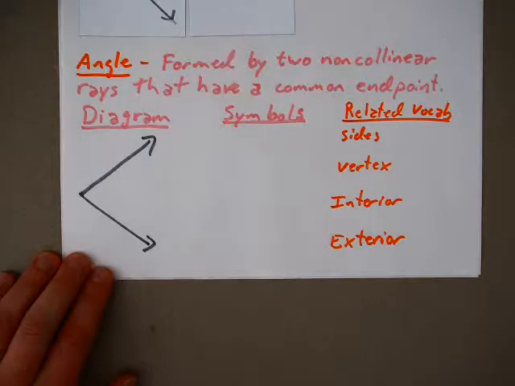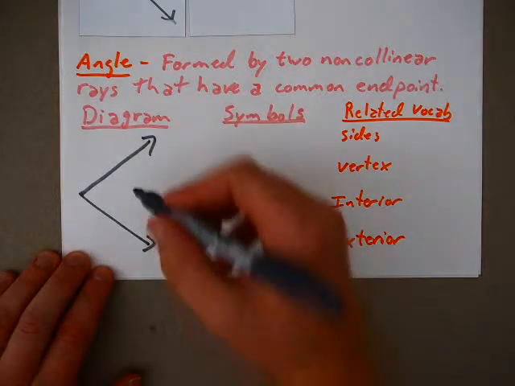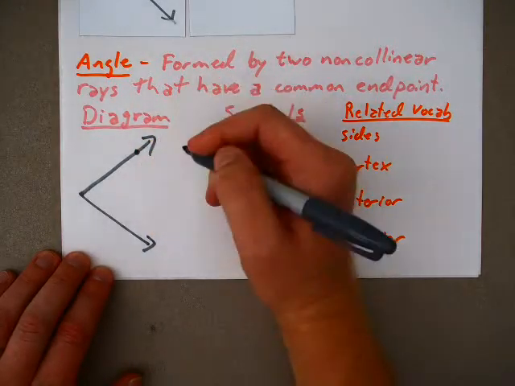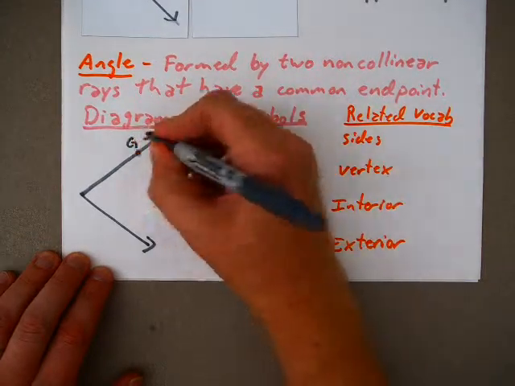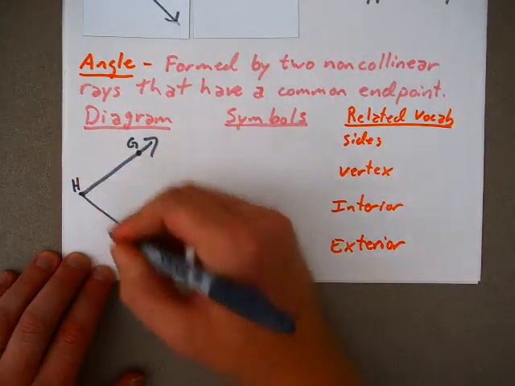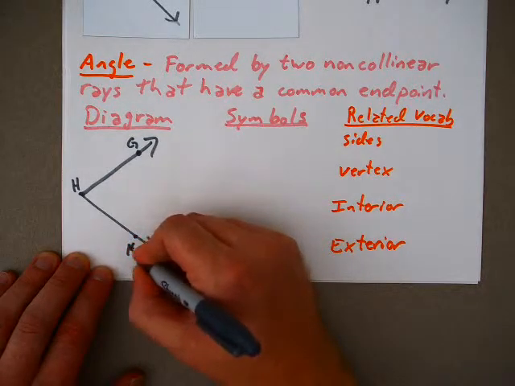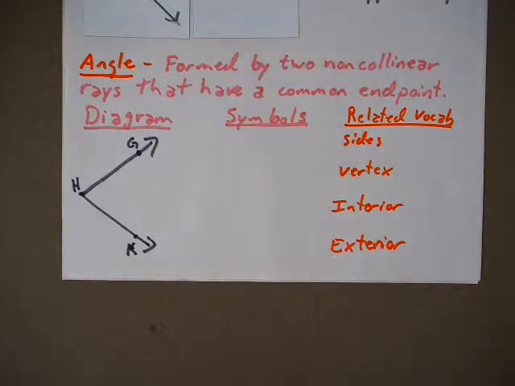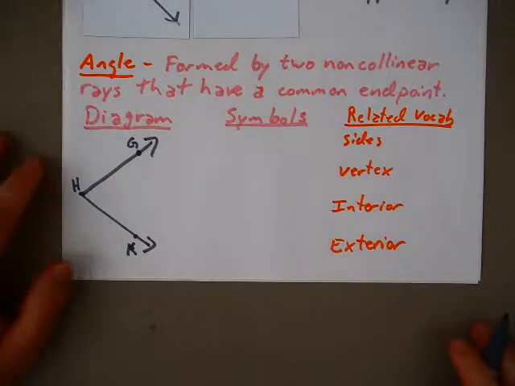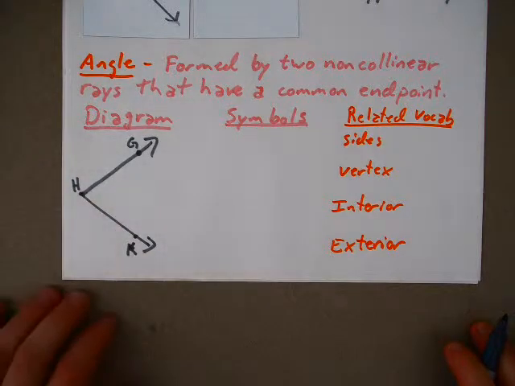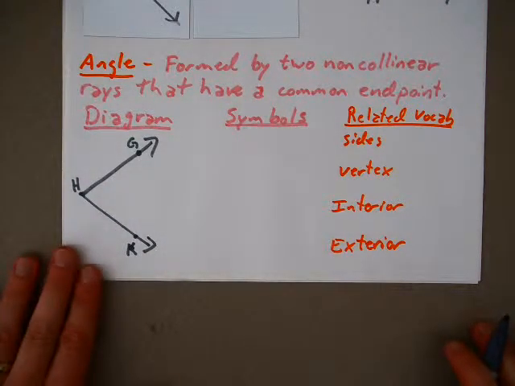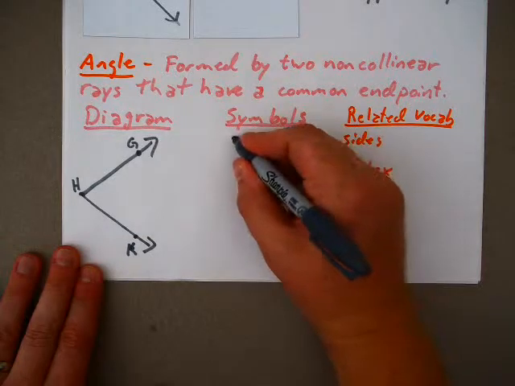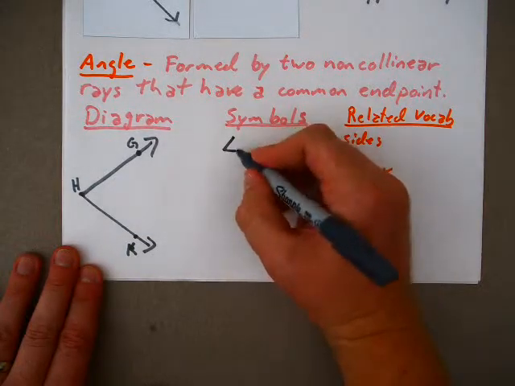So I'm going to go ahead and label some of this. Let's go G, H, and K. And how we're going to name this, there are actually multiple ways to name this. So first thing is, because it's the only angle there, we can name it with a little angle symbol.